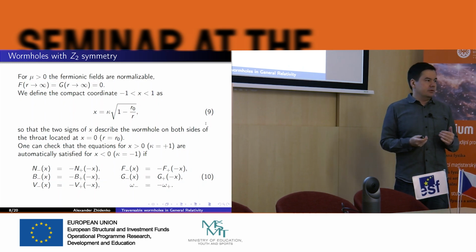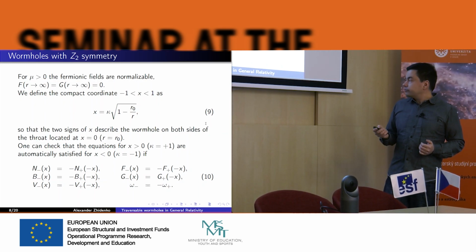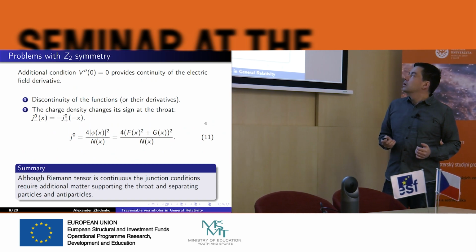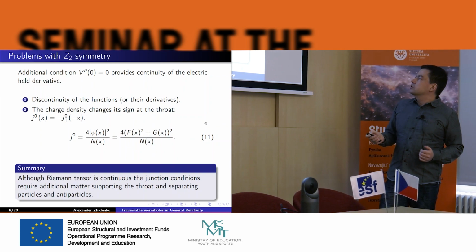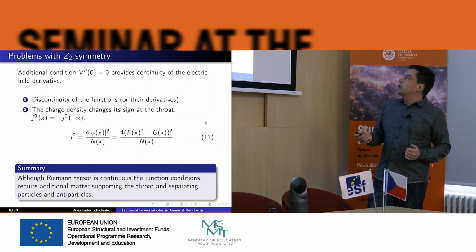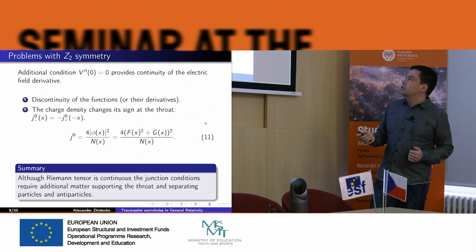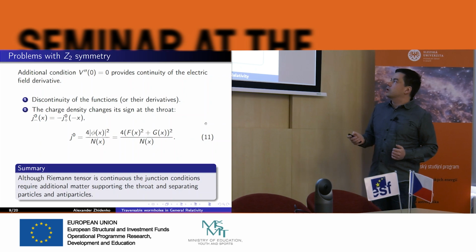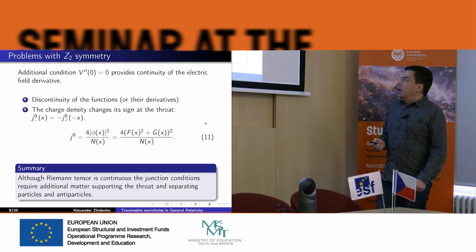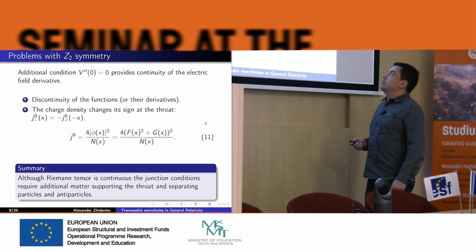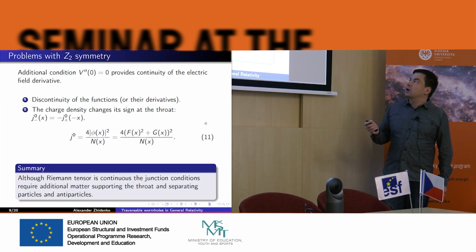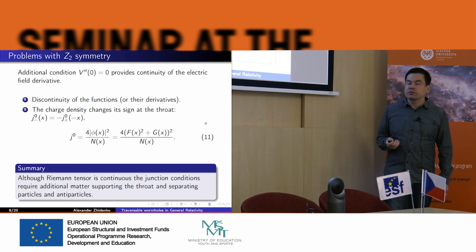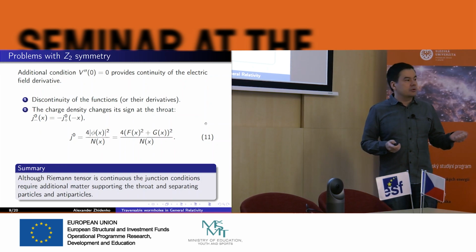We need to break this, and we can do this. Well, this is the summary, that we can see that the charge density, for example, changes its sign at the throat. So if we want to preserve this kind of symmetry, we need still to add something at the throat.